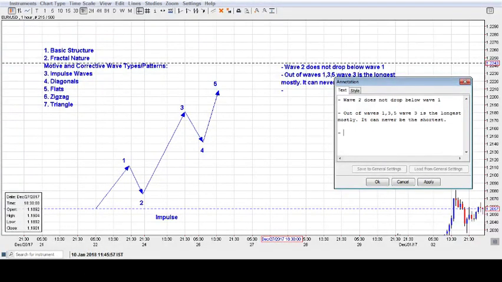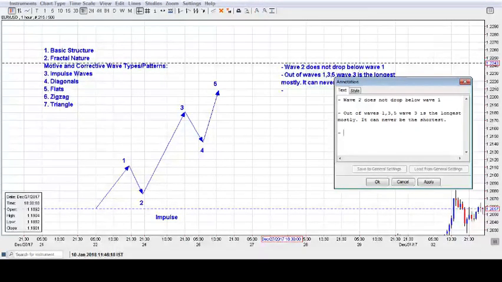Alright, so coming back to where we are, wave 3. Let's say wave 1 is 70 points, and then wave 3 is 65 points, so it is lower than the first wave, right?